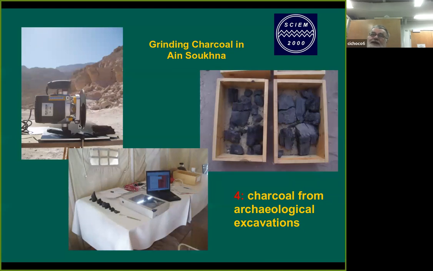And here in Egypt, of course, it wasn't possible to export these samples, so we had to do the investigations on the site, and we had a grinding device to produce very plain square surfaces, which then had been scanned, and the data we took home.